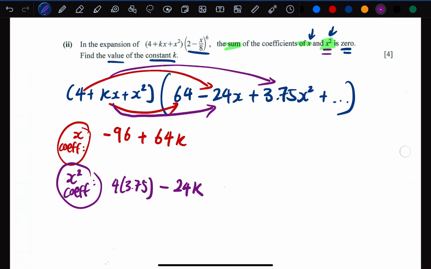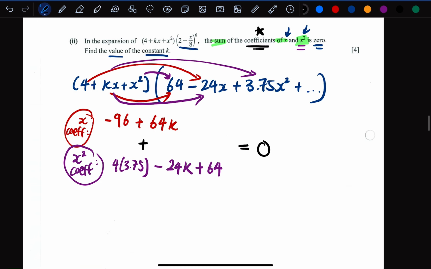And we still have one more term, which is my x squared multiplied by 64, and this is a plus, so I'm just going to plus 64. And they tell you the sum of these two terms, means you add these two up together, equals 0. And take note, these are just the coefficients, that's why I'm only looking at the coefficients over here.